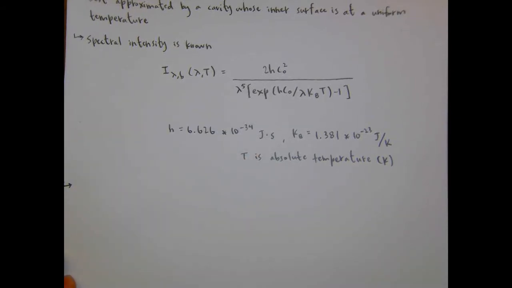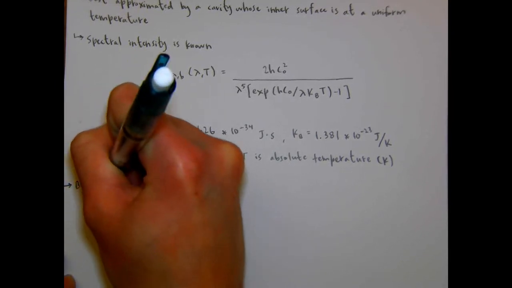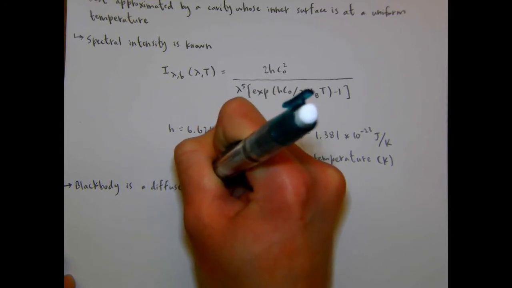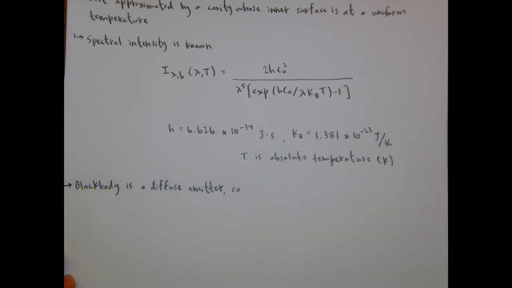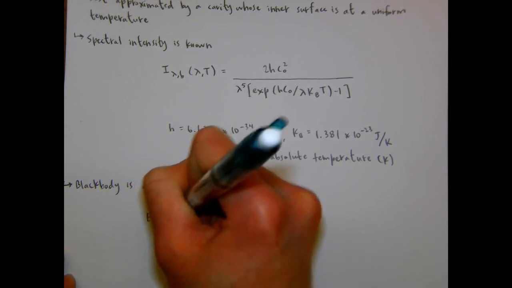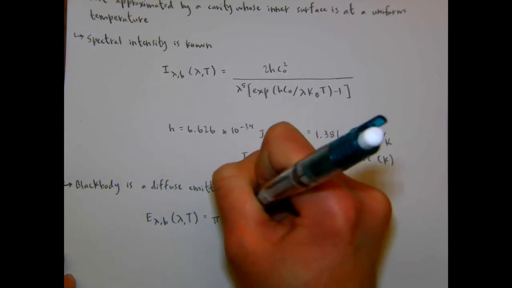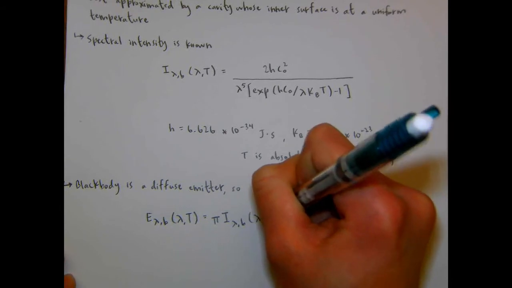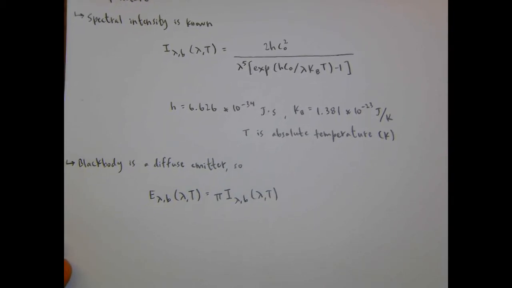As we said, a black body is a diffuse emitter. So from last week, we wrote down that for diffuse emitters, the spectral emissivity is just equal to pi times the spectral intensity, because the intensity of radiation is the same in all directions.